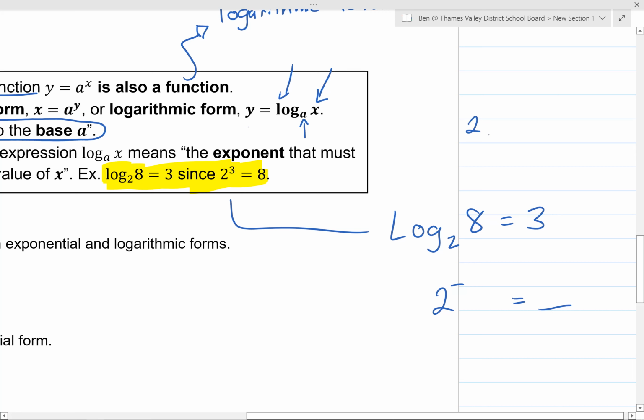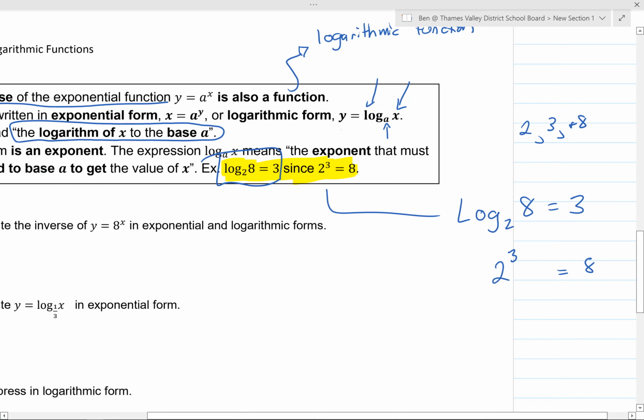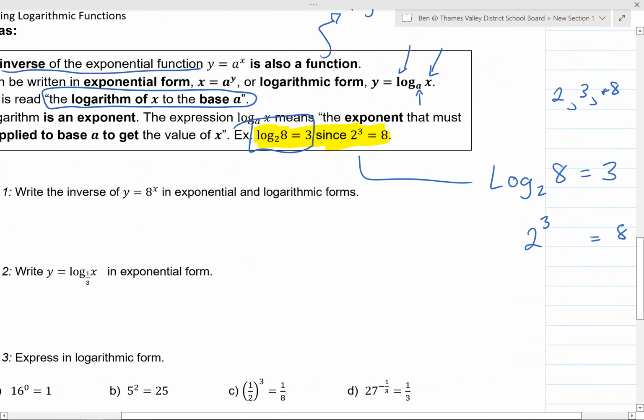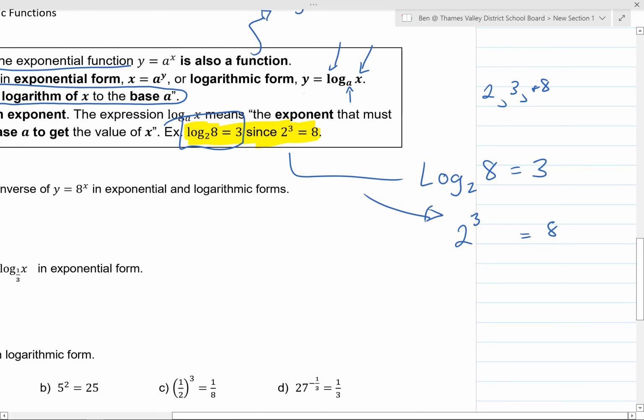So if I work with these numbers, 2, 3, and 8, I can see right away 2 to the power of 3 equals 8. So I don't need to memorize this second part, but if you can remember log base 2 of 8 equals 3 as a log expression, and feel familiar with that, then you can piece together how it connects to an exponential equation.